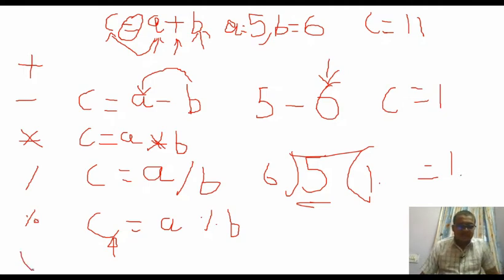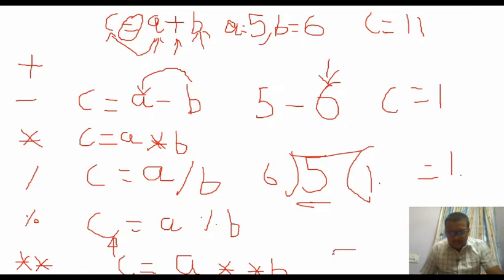Next comes power multiplication. C is equal to A power B. What it actually means is that the content present in A will be raised to the power of B. If the content of A is 5, it gives 5 raised to 6.